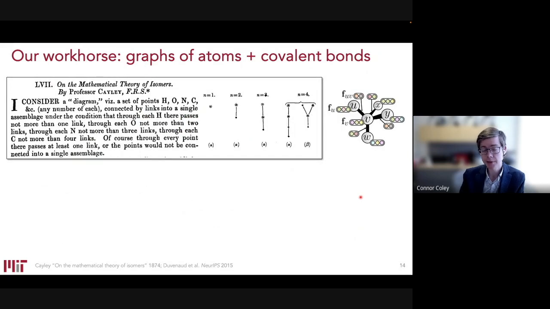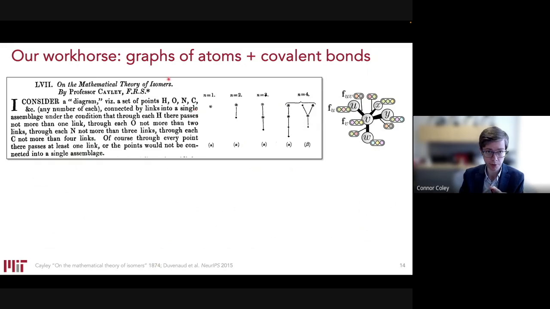Now, like I said, we like graphs. We use a ton of graph representations in the group for many tasks. The idea is that atoms are nodes in the graph and bonds are edges in the graph. For the most part, bonds are not directional. It's an undirected graph. It can be cyclic. And I want to point out, in the spirit of the historical approaches I mentioned as well, for 150 years, people have been conceptualizing molecular structures as graphs.